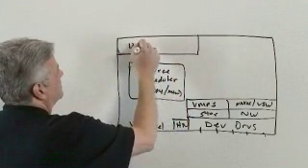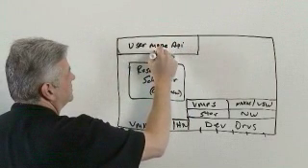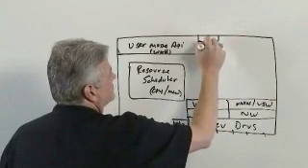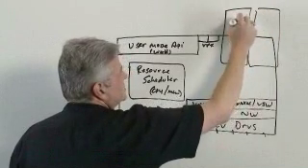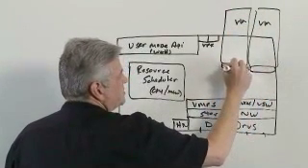I'll create a user mode API. This is where the user world is also referred to sometimes. And we'll have a representation of VMXs. I'll create a couple of virtual machines here with their virtual machine monitors.